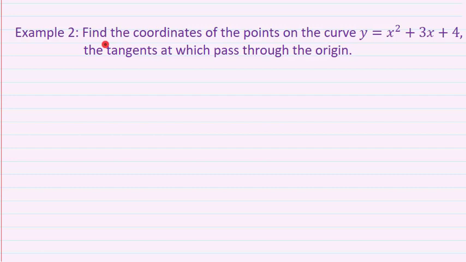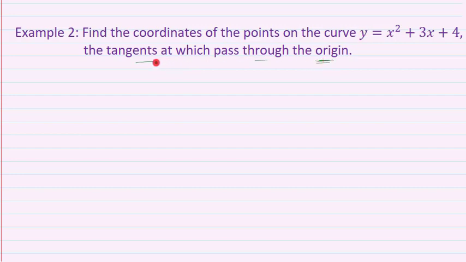Here is the next example from the same type. It is: find the coordinates of the points on the curve y is equal to x square plus 3x plus 4, the tangents at which pass through the origin. Again, it is given that tangents pass through the origin, means this origin is not the common point of tangent and curve.